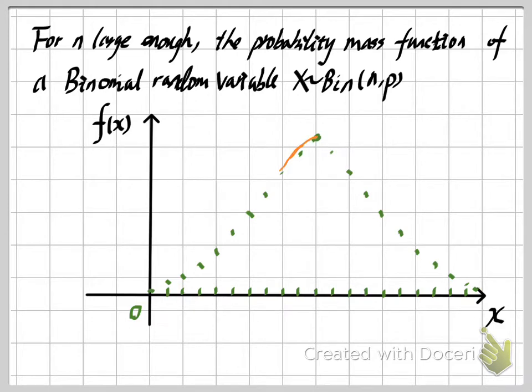Right, if I compare this with the bell shape, we can say it's very close to that one. So that's why, when n is very large, we can use the normal random variable to approximate the binomial random variable. And why do we need this approximation?